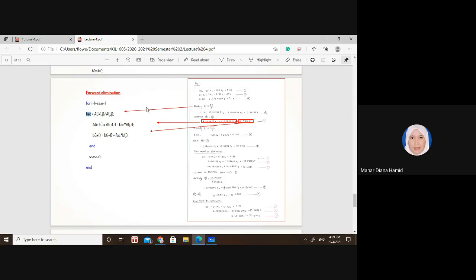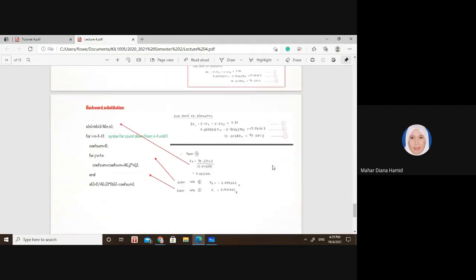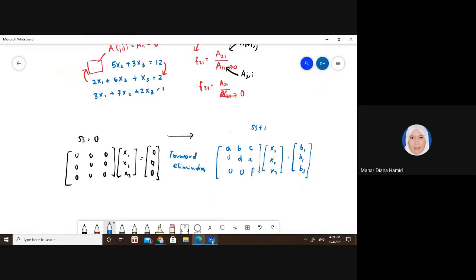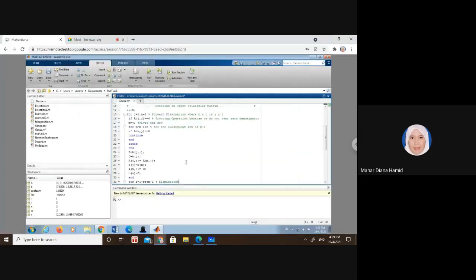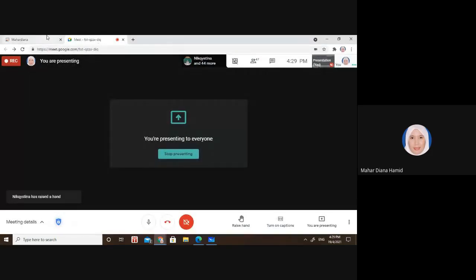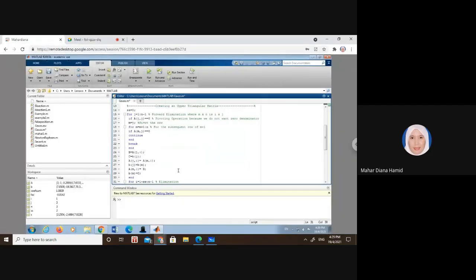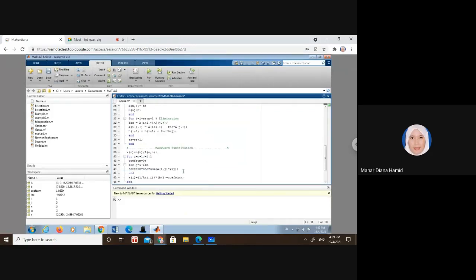So the factorization, and also if we try to subtract it in order to make it as an upper triangular matrix. And the next step would be the backward substitution.